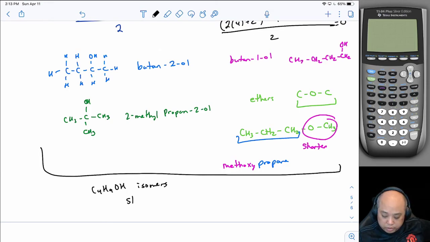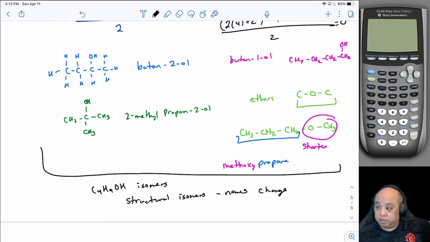And these we're talking about are structural isomers. So the names change here. Okay? So if you're naming it and your name changes, and I don't mean like cis, trans, or E or Z in HL, I'm saying the actual numbers or the functional group names change, that's an indicator that you have a different structural isomer here.